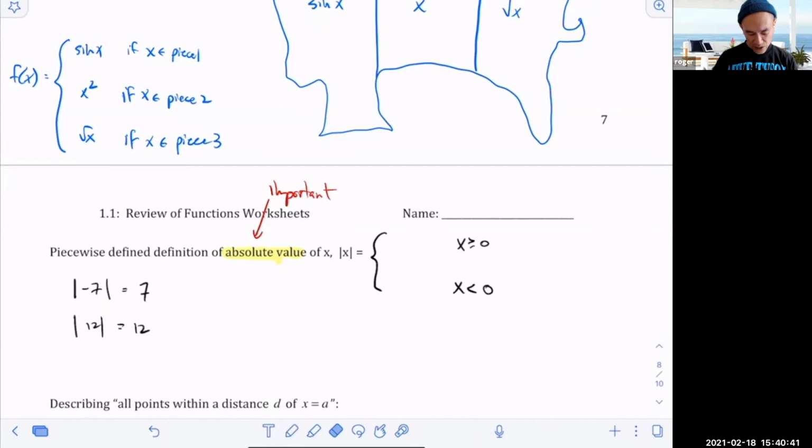Well, this first piece says that x is already positive or non-negative. If it's already non-negative, you don't have to do anything to it. You just leave it. Just put an x. The second piece is the negative numbers. For the negative numbers, we want to make it positive. So how do you make a negative number positive? What do you do to turn a negative number into a positive number?